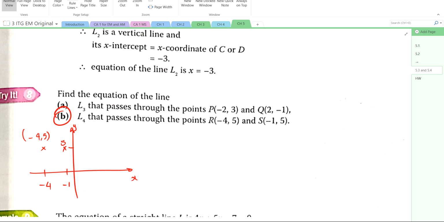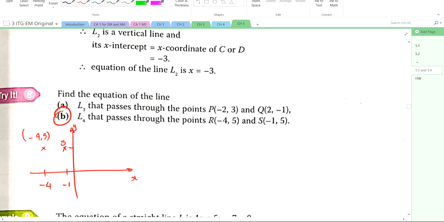So joining these 2 points up, I realize it's a horizontal line, right? Therefore, y = 5. Gradient of RS equals (5 - 5) over something, and straight away you know it's going to be 0 already, unless the denominator is also 0.